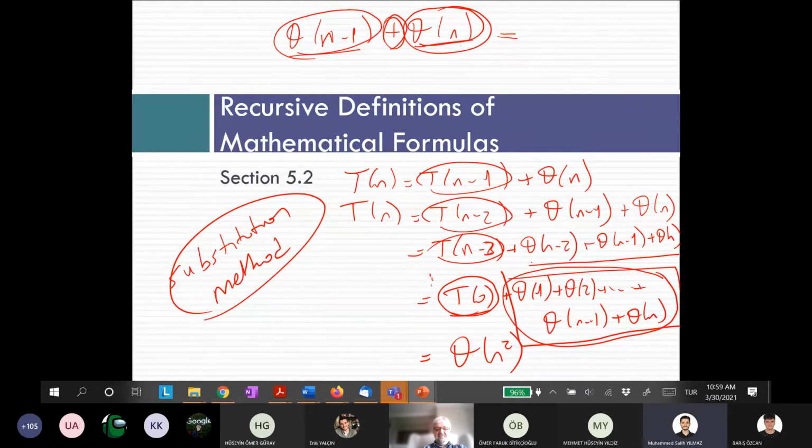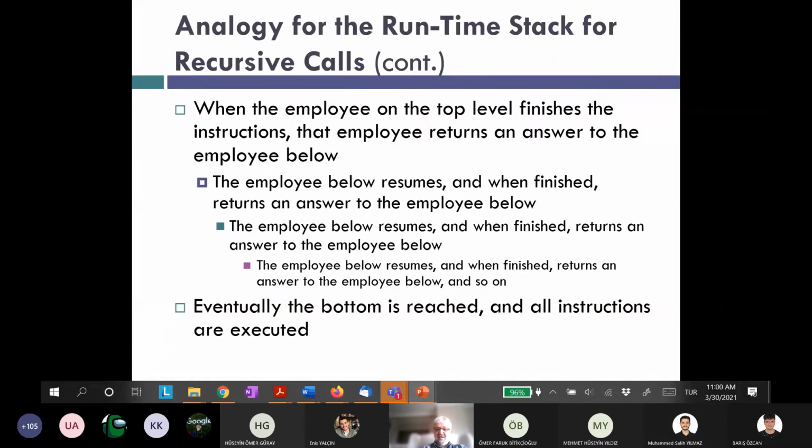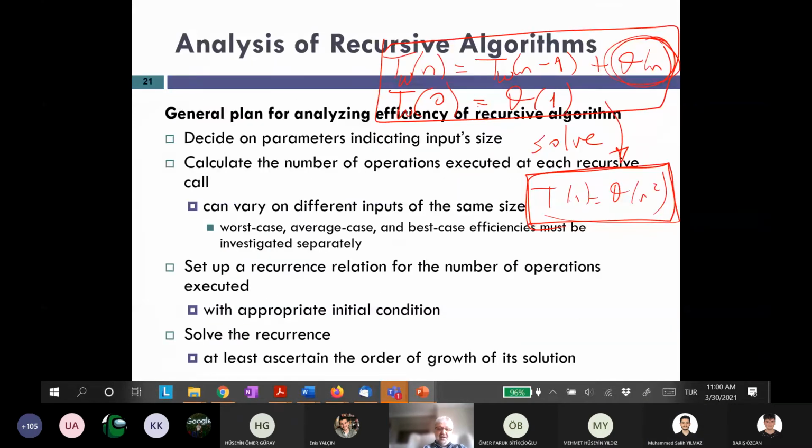Yes. Sir, can a recursive function be n cubed, n to the fourth power and so on? Yes, of course it can. So how do we know it's not n squared or n cubed? Actually, you should check the number of operations at each recursive call. Here we said linear.